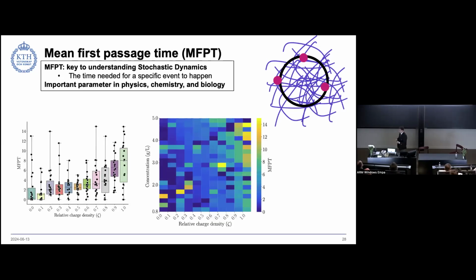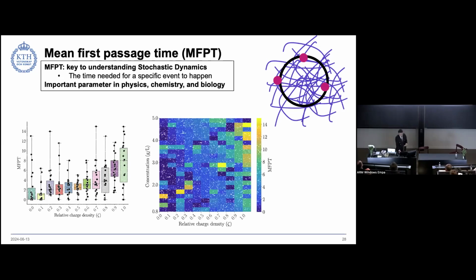So we plotted the mean first passage time for different cases, but honestly, if you plot it like a heat map, you can see that charge has an effect, but it's not really linear what is happening.